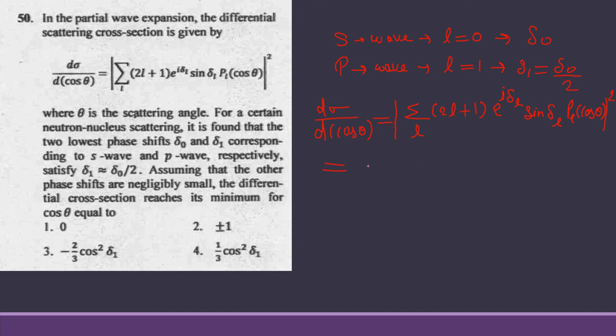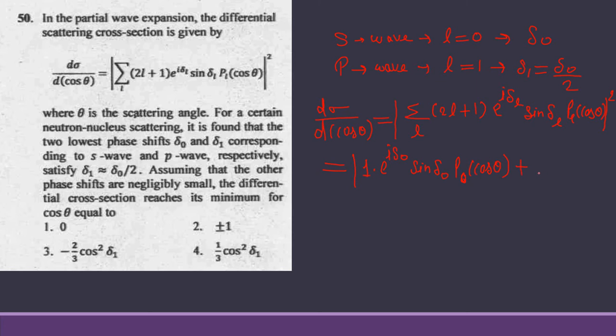So now put L is equal to 0. For L is equal to 0, the first term you will get is 1 into e to the power i delta 0 sin delta 0 P0 cos theta. P is the Legendre polynomial. So you just remember 2-3 values of Legendre polynomial, because it's very important.